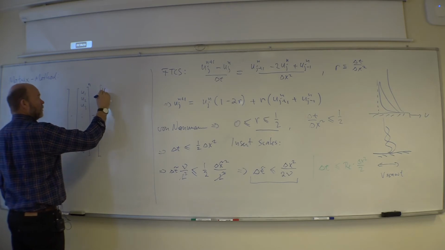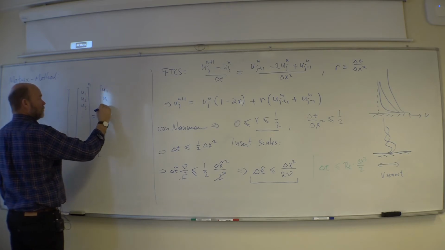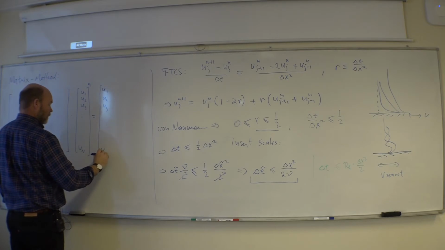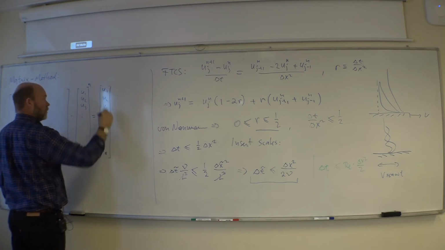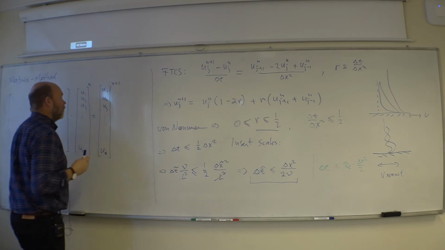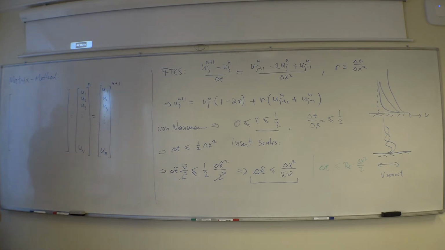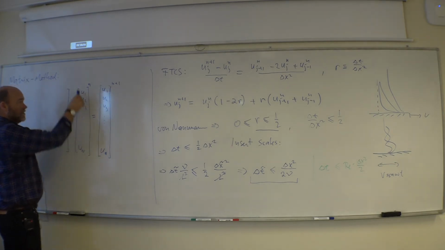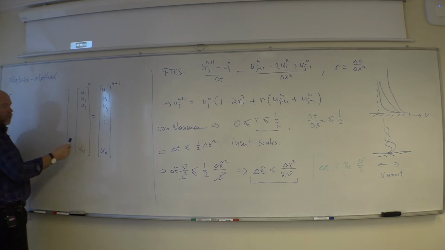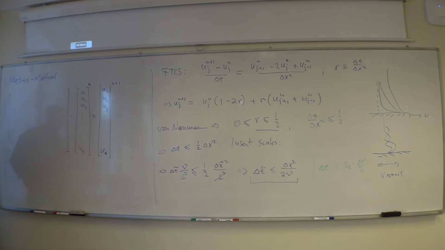Here are your unknowns, 1, 2, 3, all the way down to UN, time level n plus 1, because we have it explicitly. So this will be your unknowns. These are from the previous time step, so they are known, multiplied with a coefficient matrix.